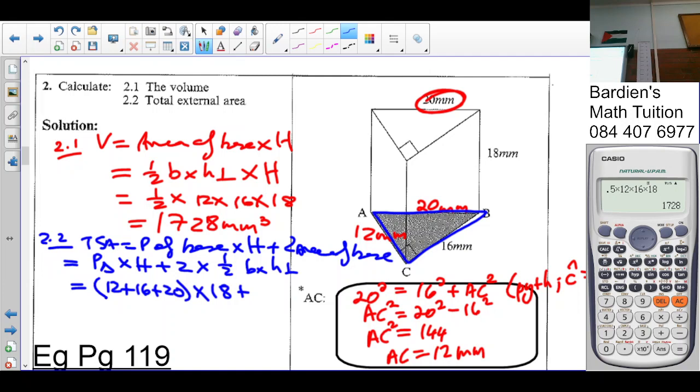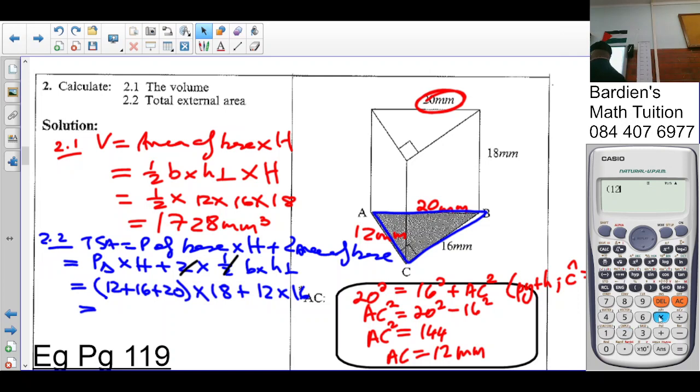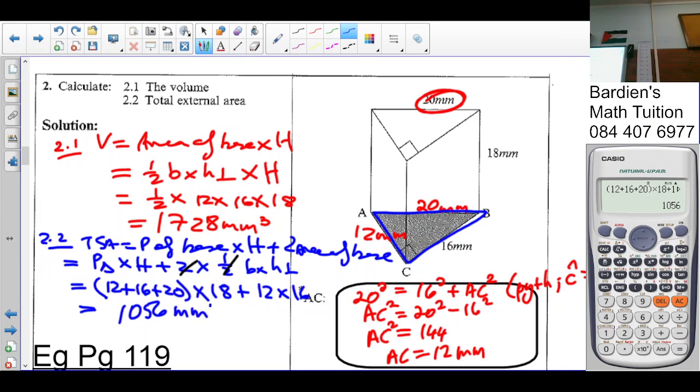Plus, now the half times the 2 cancels, so the base, which is 12, and my height, which is 16. But if you add 2 times a half times 12 times 16, no problem, that's also fine. So there's going to be 12 plus 16 plus 20 times 18, plus 12 times 16, which is 1,056 millimeters squared.